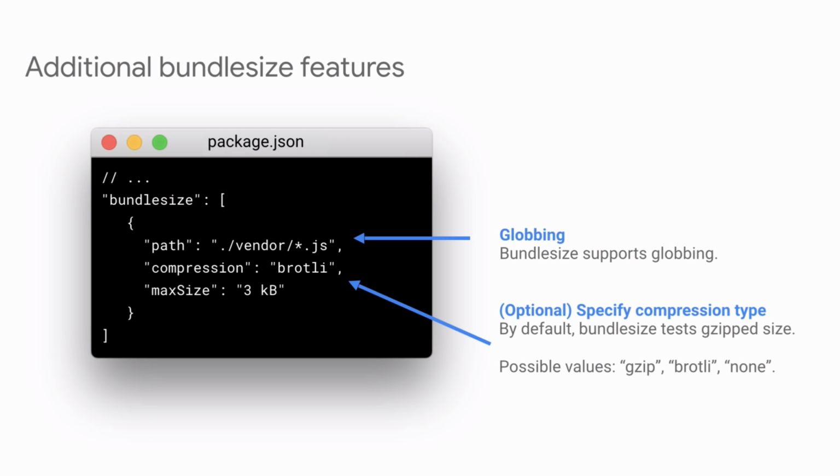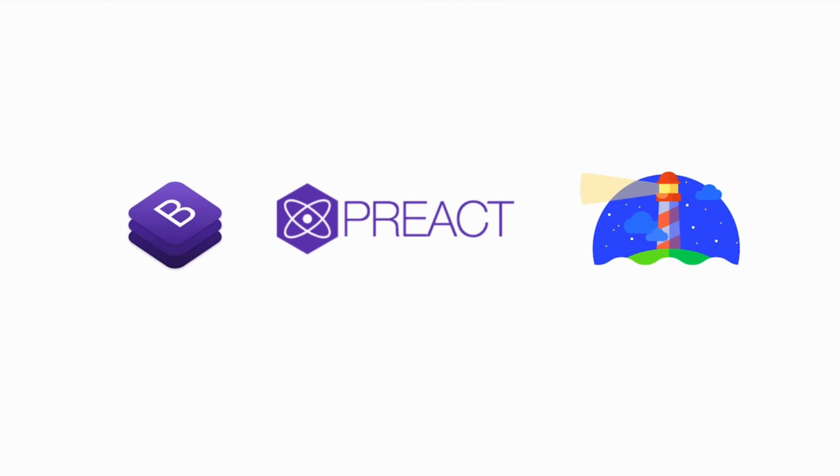By default, bundlesize will look at the gzipped size of a file, but it can also be configured to look at the uncompressed file size or the brotli compressed file size. Bootstrap, Preact, and Lighthouse are 3 examples of projects using bundlesize. So if you want to look at how budgets are being set in the wild, go check out the package.json files of these 3 projects.